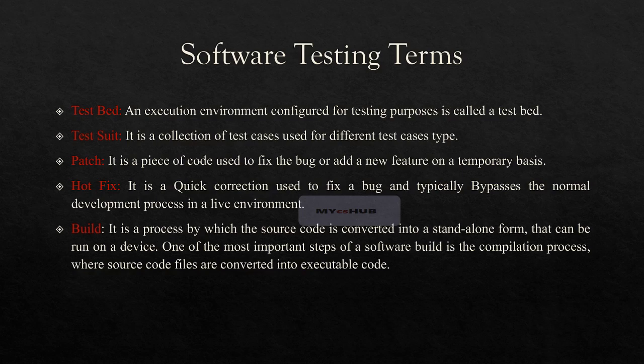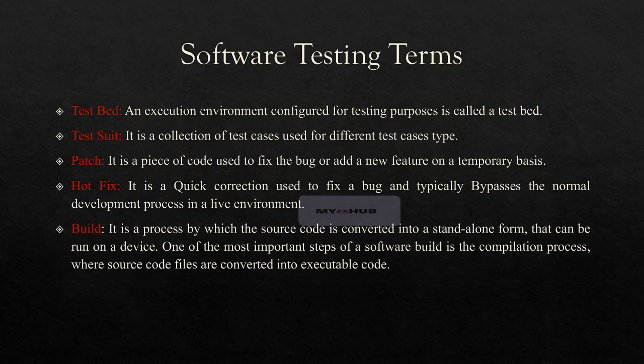Next one is patch. It is a piece of code used to fix a bug or add a new feature on a temporary basis for the application, and is called a patch. Next one is hotfix. It is a quick correction used to fix a bug and typically bypasses the normal development process in a live environment, and is called a hotfix.